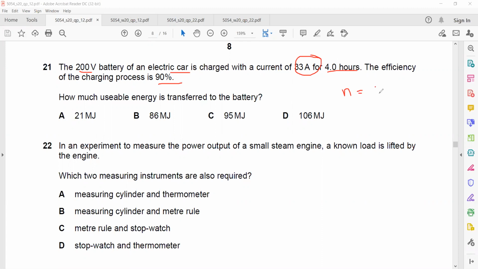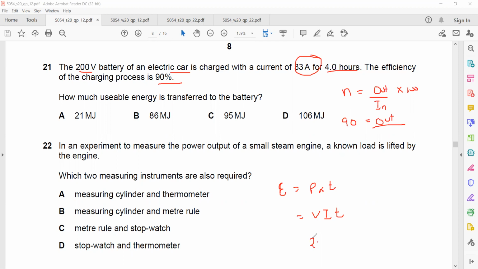Efficiency is equal to useful energy output divided by total energy input, multiplied by 100. The process is 90% efficient, output energy we don't know, and for input, electrical energy is power multiplied by time. In electricity power is VI, so it will be VIt, and time should be in seconds so you get the answer in joules.